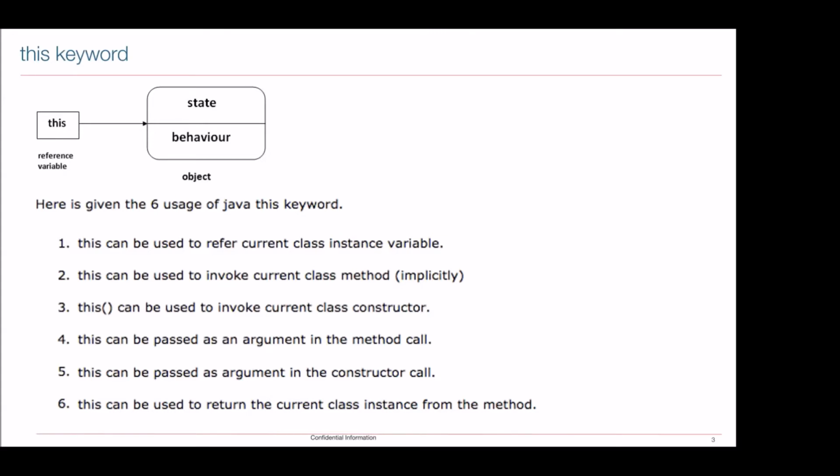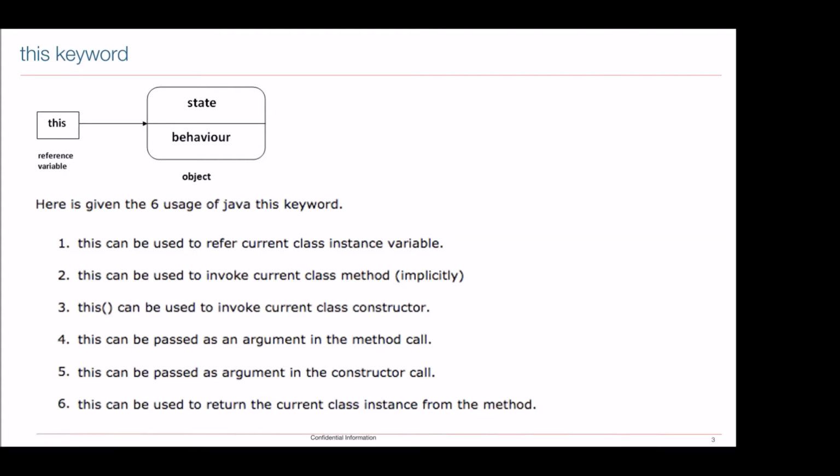When you want to refer to E1, E2, E3, all those instance variables, you can use this keyword. Second, when you want to invoke the current class method implicitly. Implicitly means automatically; when you want to invoke the method, that time also we are going to use this. And this() can be invoked in your current class constructor.